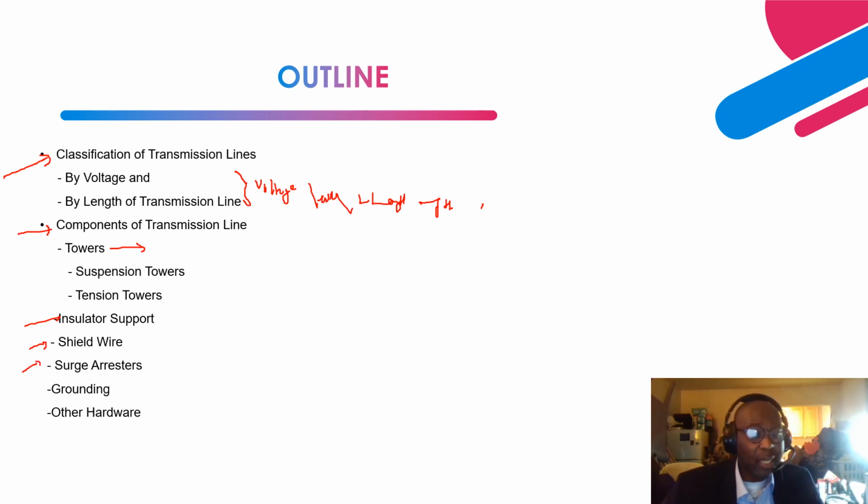Then next is surge arresters. At different locations along the transmission line length, different surge arresters are installed based on insulation coordination studies, and their goal is to protect the phase conductors from lightning strike that can result in an overvoltage condition, or any other fault condition that can result in an overvoltage condition.